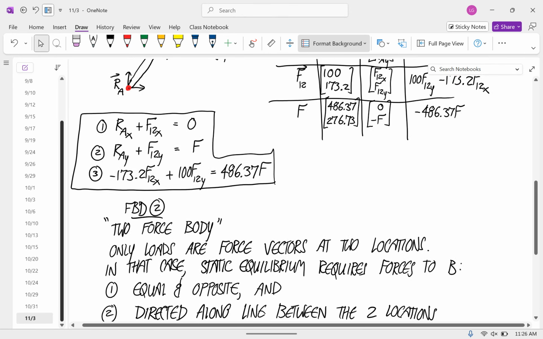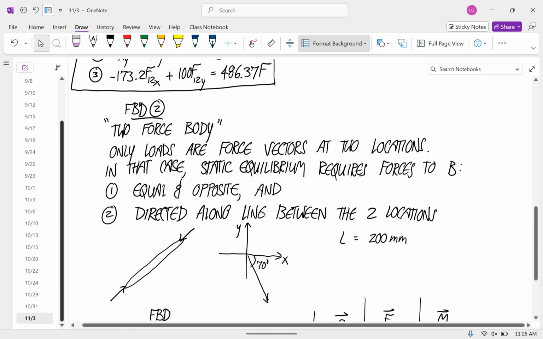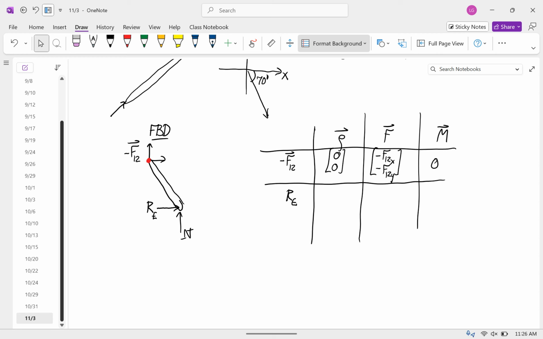So I just arbitrarily gave this thing a length of 200, which was kind of the same length as that other piece. And so this rho vector is 200 times the cosine and sine of negative 70. So this rho vector is 68.4 and negative 187.94.